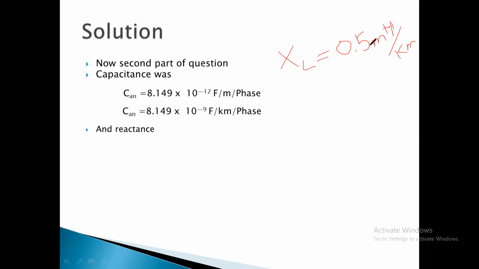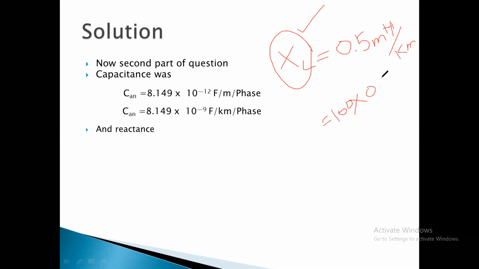If I want to find it for a 100 kilometer line, I will just multiply it with 100. I'm talking about inductive reactance, not capacitive reactance. Please keep in mind. So if I want to find the inductive reactance for 100 kilometers, I will just multiply this value with 100, so I will get the total reactance.